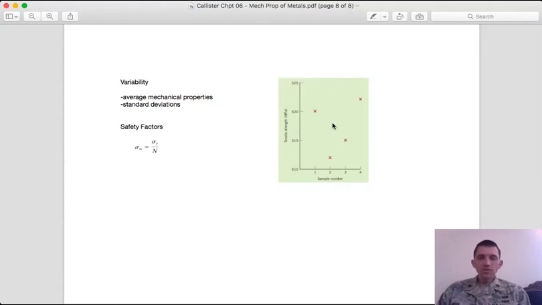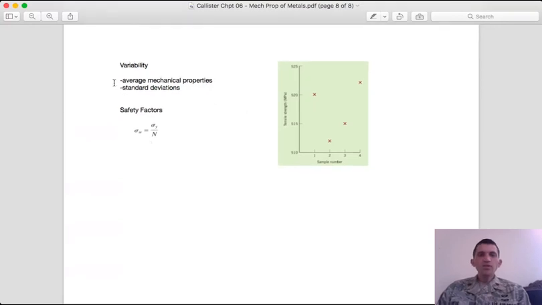You might see error bars on here, and generally what you're looking at is the center of your data point at the average, and then an error bar that shows that average plus and minus one standard deviation, which gives you a sense for where most of the measurements fall, and how tightly grouped they are, how much variability there is across that sample set.